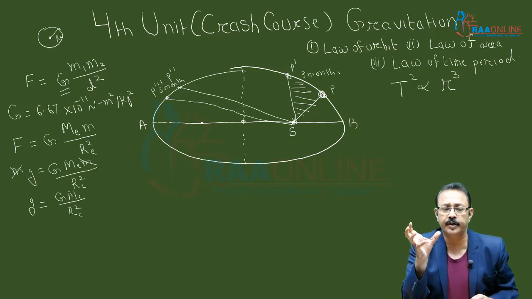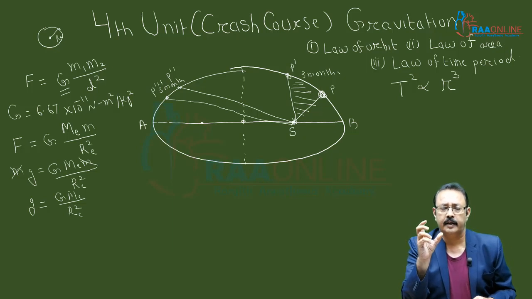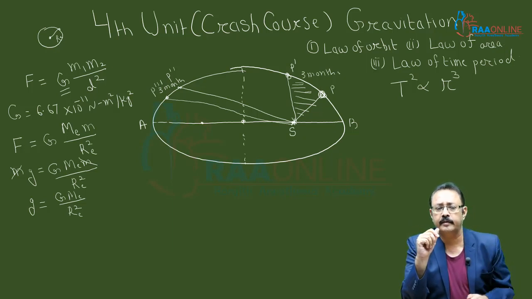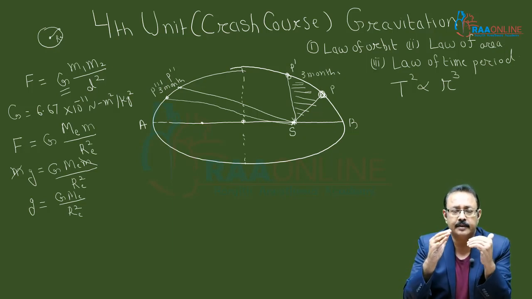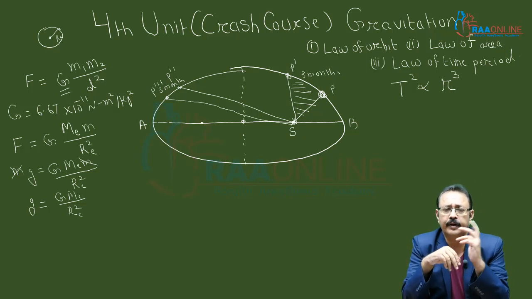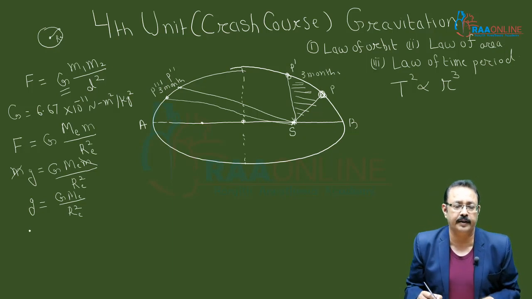Now there are variations in the value of g due to so many factors. If you are going to a height, the distance between the object and Earth's center is changing, so the value of g will change. We have calculated in the theory slides that when you are going to a height, after using the binomial theorem, g dash should be g into 1 minus 2h by R_E, nearly.